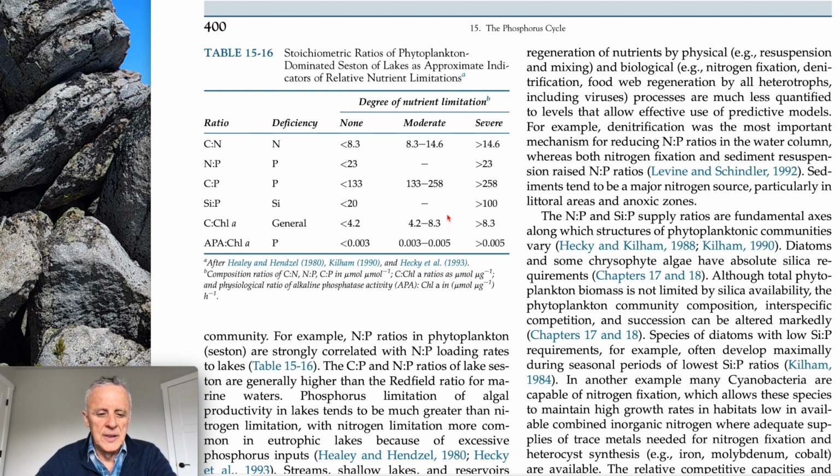And so this A is after these authors, and B is comparison of ratio of CN, NP, CP in micromolar per micromole. CCHA, so this is the carbon to chlorophyll a ratio as micromole per microgram, and physiological ratio of alkaline phosphatase activity, APA, of chlorophyll a in micromole per microgram.